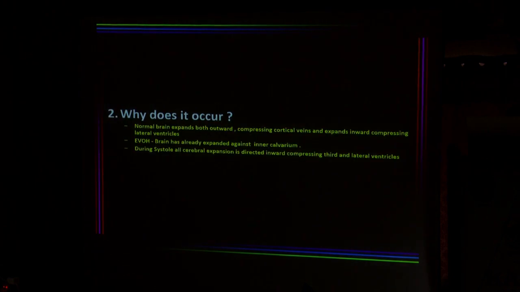So basically the CSF flow void sign occurs because the normal brain expands outward. While expanding outward, it compresses the cortical veins and expands inward, thereby compressing the lateral ventricles. So this results in extraventricular obstructive hydrocephalus when the brain is expanded against the calvarium. So during systole, all the cerebral expansion is directed towards compressing the third and lateral ventricles.